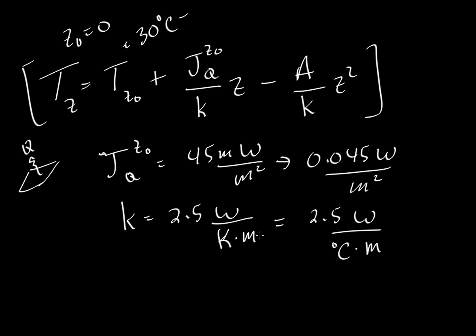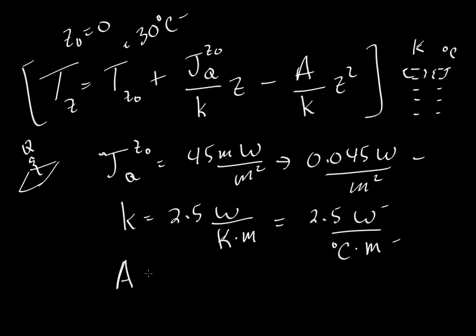The reason why is that even though Kelvins and centigrade are different from one another, if you look at the intervals on the Kelvin scale or the degrees centigrade scale, those intervals are exactly the same. So when we look at rates, as we have a change in 1 degree Celsius or a change in 1 degree Kelvin, those increments will be the same, so numerically there's no conversion that needs to happen here. And we've already got watts and meters, so we're good with consistency.